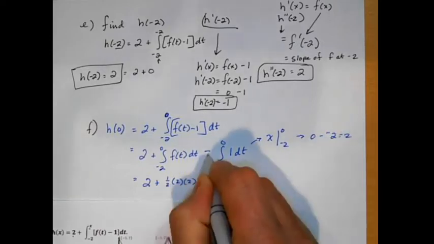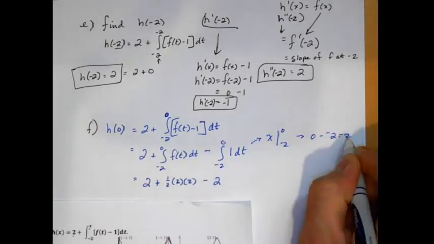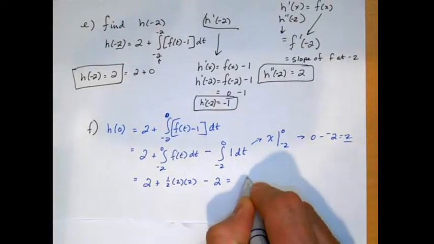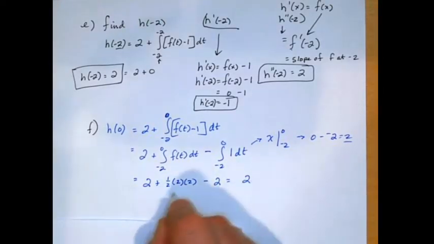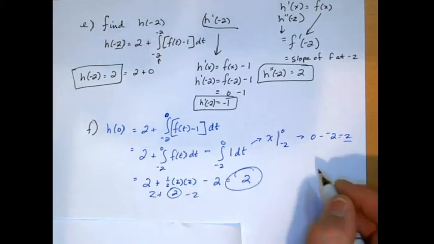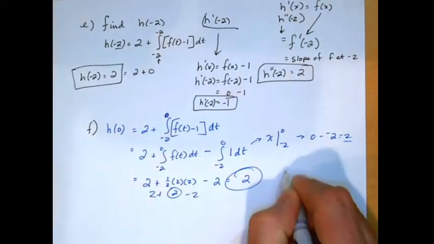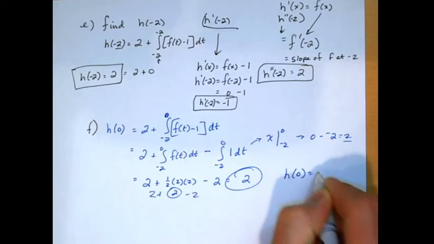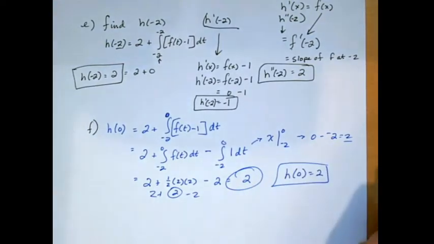So 2 plus 2 minus 2 is 2. This is h of 0. It's going to come into play in the next one.